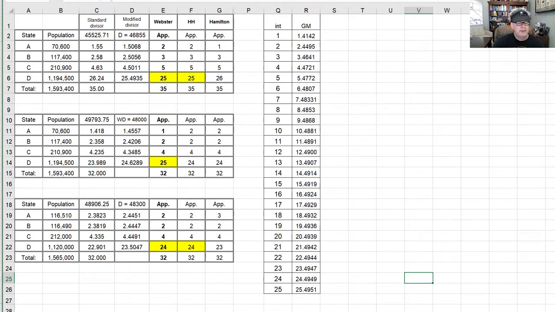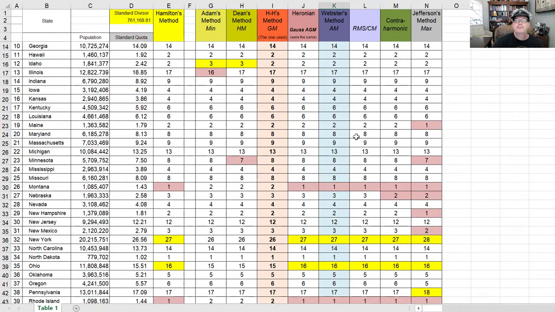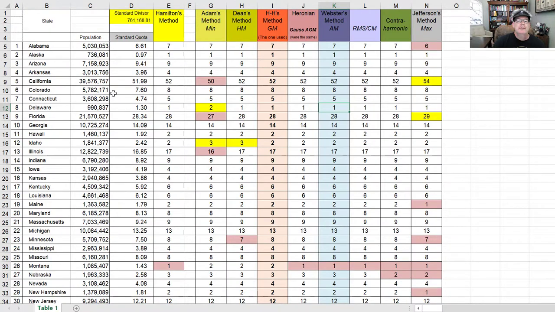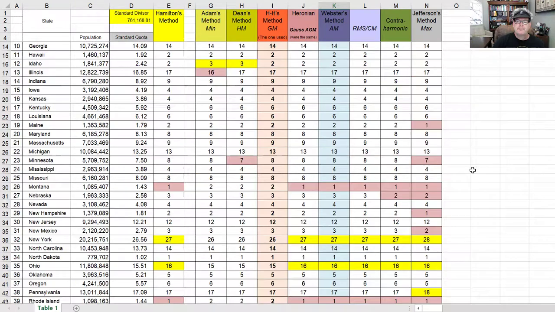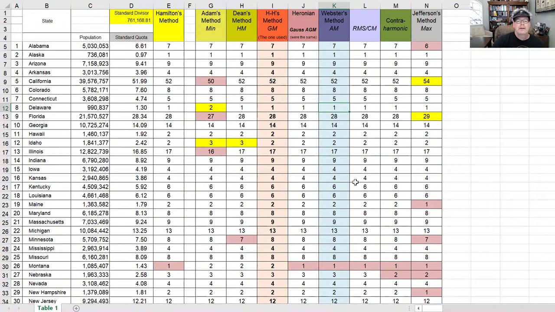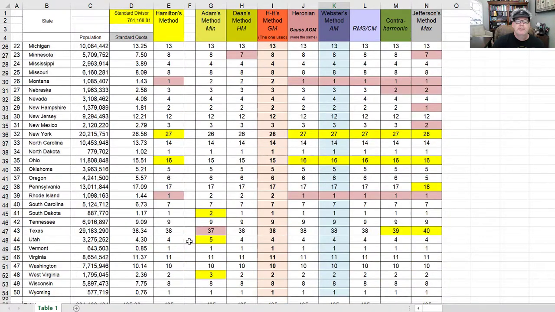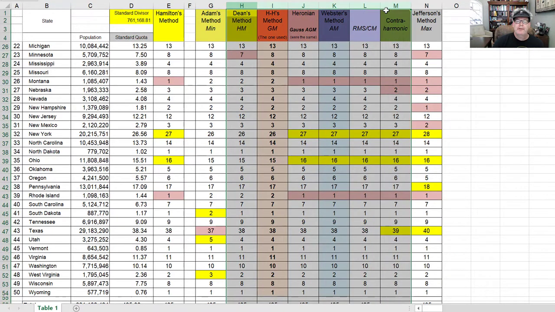Looking at Jefferson and Adams methods, Jefferson can only have an upper quota violation, as it did with California and Texas, the large states. And Adams can only have a lower quota violation, as it did with the large states, California and Texas. But generally speaking, you won't get quota violations with these others unless it's somewhat of a contrived example.